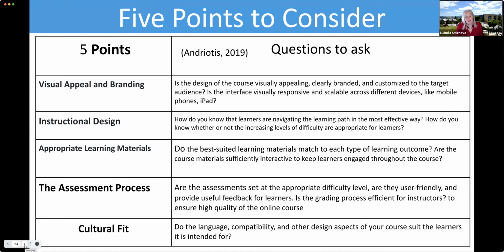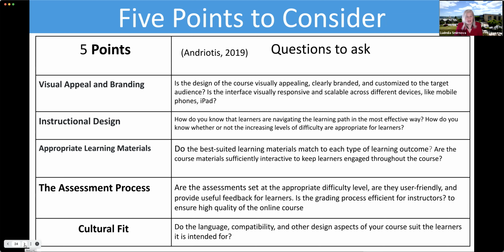Instructional design: how do you know that learners are navigating the learning paths in the most effective ways? Are the learning materials appropriate, and do they best match each type of learning outcome? Are they aligned?